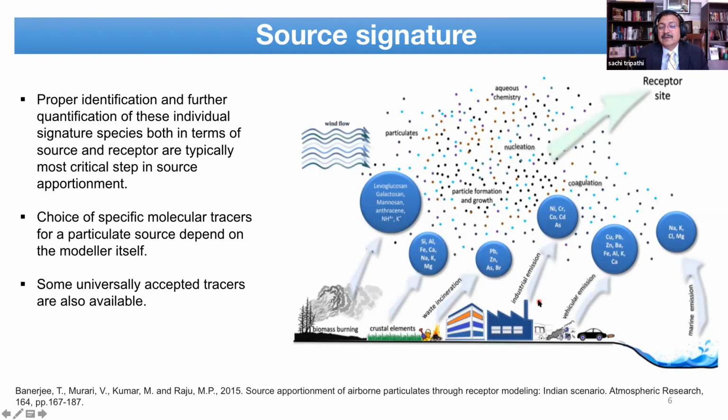Likewise, if you are getting PM from industrial emissions, then this would carry with itself nickel, chromium, cobalt, cadmium, and arsenic. And from vehicles, you get copper, lead, zinc, barium, iron, aluminum, potassium, and calcium. And from sea salt, of course, you have sodium and chloride.